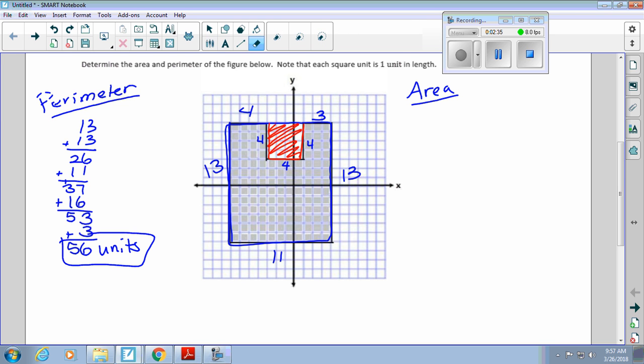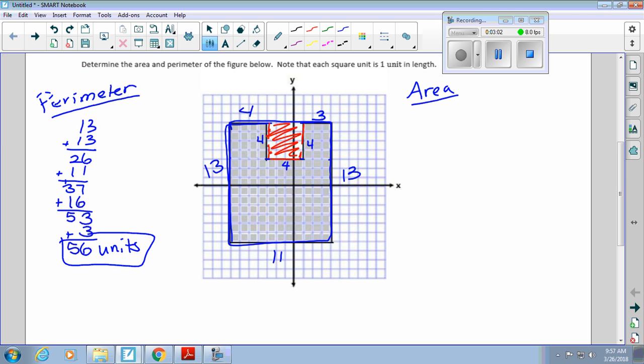Some kids have approached this differently and will chop it here, chop it there, and find the area of those 3 rectangles and add them together. It does not matter. You can choose what works best for you, but the one that requires less work is to encase it in this rectangle and subtract out the red section, which I colored in red.